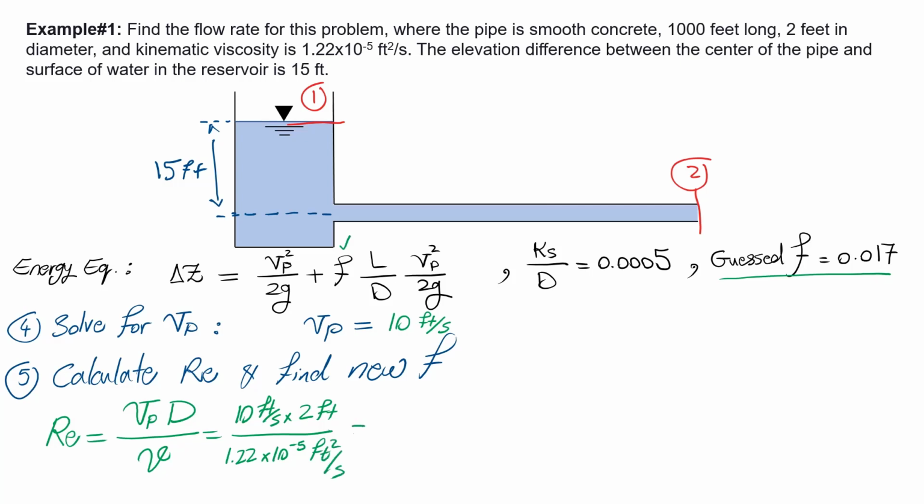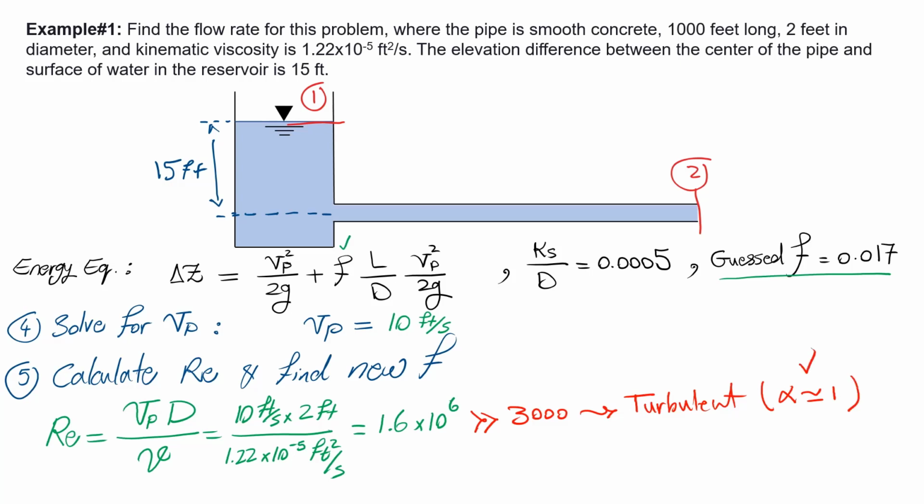And Reynolds number, if you calculate this, is 1.6 times 10 to the power 6. So first of all, this is way larger than 3000. So our flow is turbulent. And our assumption that alpha was almost equal to 1 is correct.